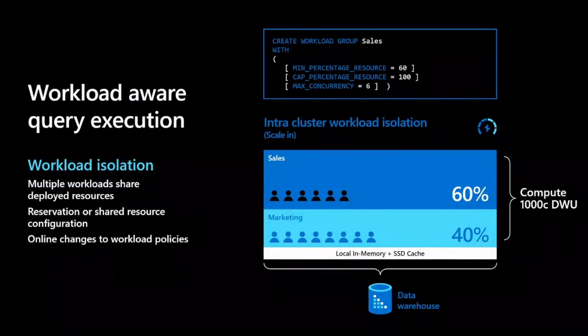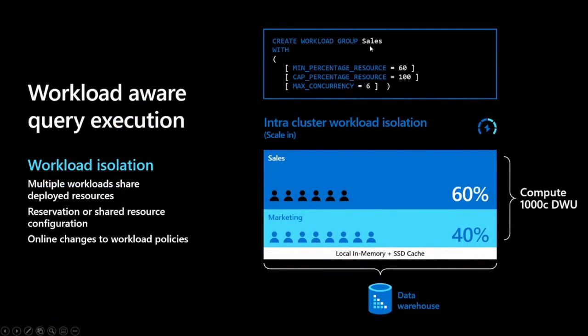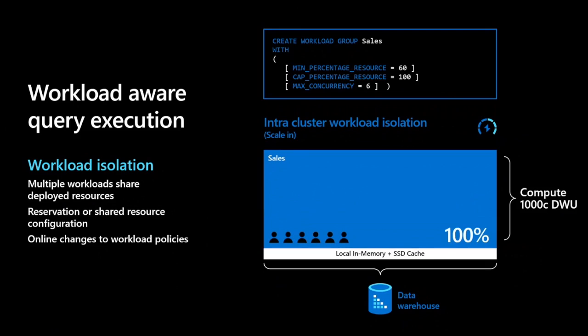The notion up here is you've got a group called sales, and you can say, hey, they're always going to have available for them 60%, and if they need it, we'll let them push their way up to 100% of the resources and give them this much concurrency. The idea being that they'll never get pushed out by that other group, and if they need it, they can take it all. Now, you probably don't ever want to let them take it all, because that's going to certainly end up with some disappointed users, but you do have that ability.